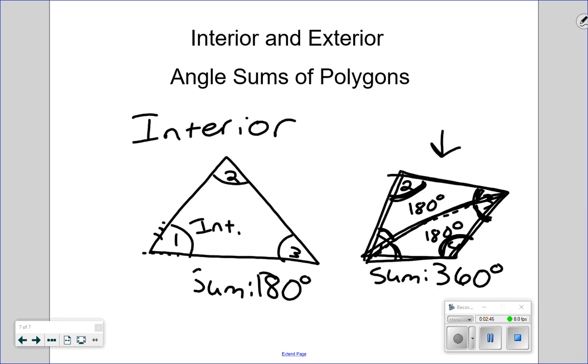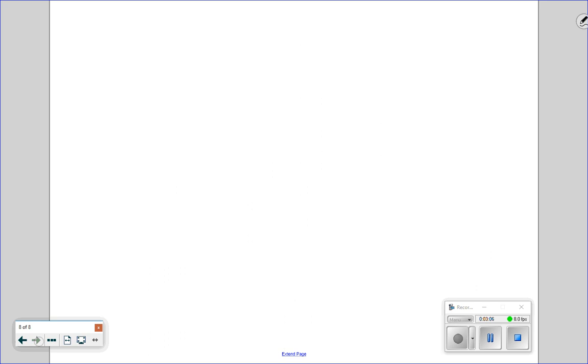So basically, within a quadrilateral, we have two triangles. Those two triangles each have 180 degrees in their angles. So 180 plus 180 would give us 360 degrees in the entire quadrilateral. We can use this method to figure out angle sums of other shapes.